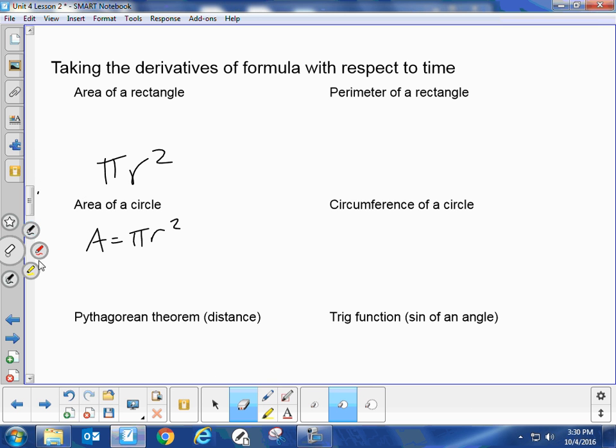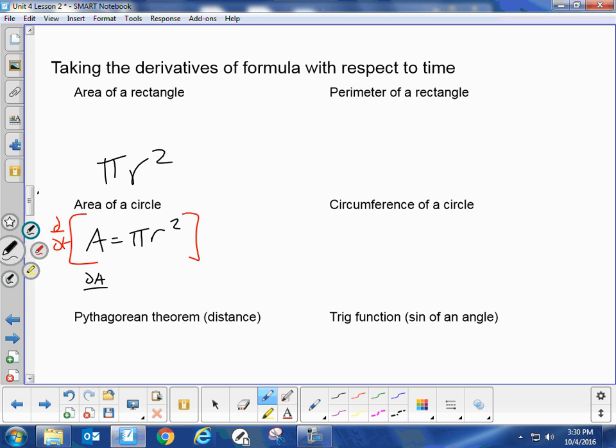All right, take the derivative of the area of a circle with respect to t. You get pi 2r dr/dt. I wrote it as 2 pi r dr/dt.